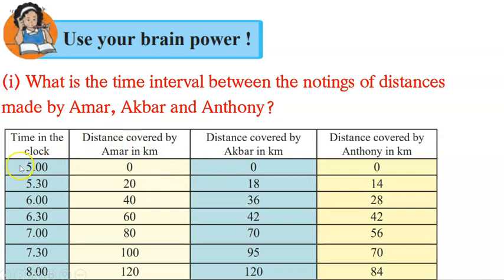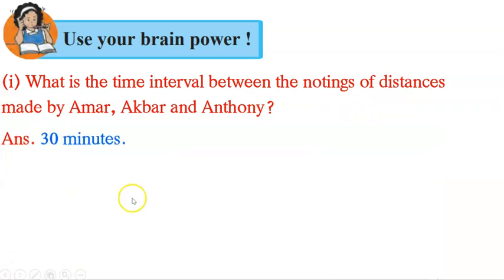That is 5 to 5:30, 5:30 to 6, 6 to 6:30, म्हणजे 30 मिनिट्सचा तो टाइम इंटरवल. तिथे आपल्याला डिस्टन्स त्याने कॅल्क्युलेट केलेला आहे. त्यांचा नोट डाऊन किती वेळाने केलेला आहे तर 30 मिनिट्स नंतर प्रत्येकदा केलेला आहे. Therefore the first answer is 30 minutes.